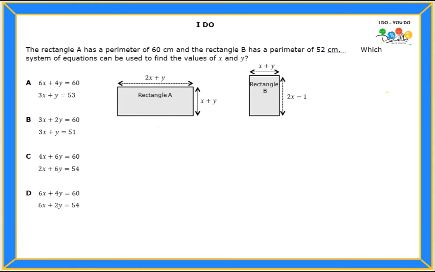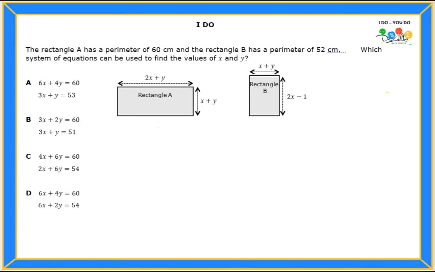It says, rectangle A has a perimeter of 60 centimeters and rectangle B has a perimeter of 52 centimeters. Which system of equations can be used to find the value of x and y?